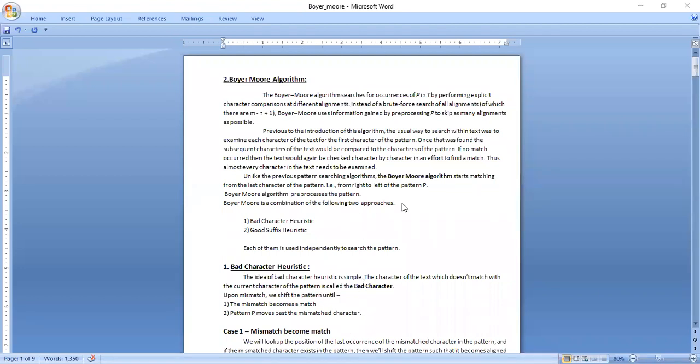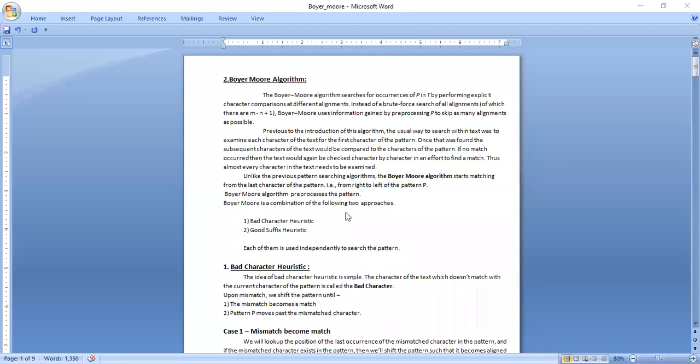We have seen 3 types of algorithms to perform this pattern matching, that is brute force, Boyer-Moore and KMP algorithm. So we have seen about the brute force in the last class.